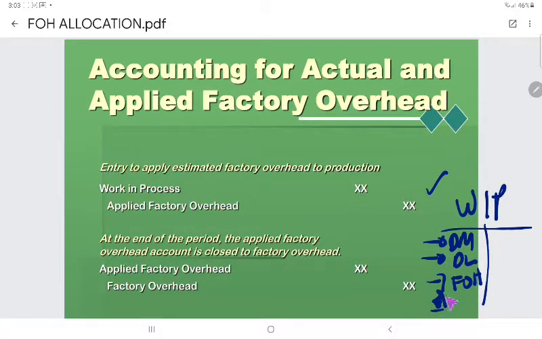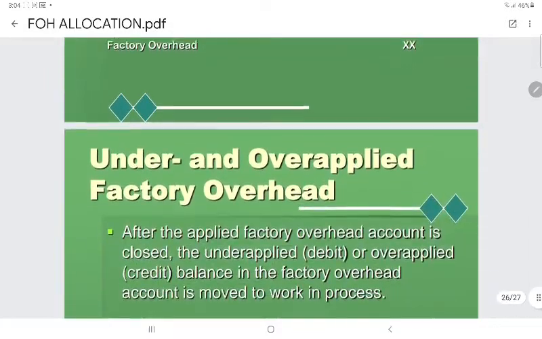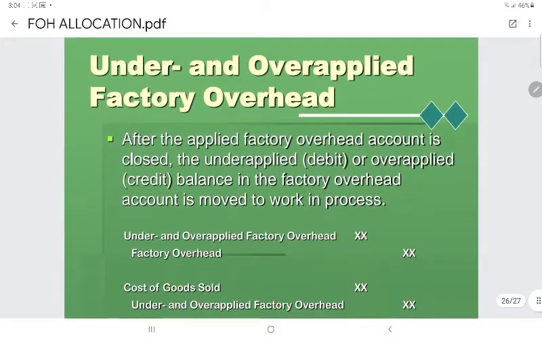O, sabihin nyo lang, wag nang applied is standard factory overhead. Diba? Kasi akala nyo actual. O, yan. So, tapos sa end of period, i-close mo lahat yung applied sa factory overhead. Kaya nagkakaroon kayo ng, pagka na-put up nyo na, nagkakaroon kayo ng under or over applied.